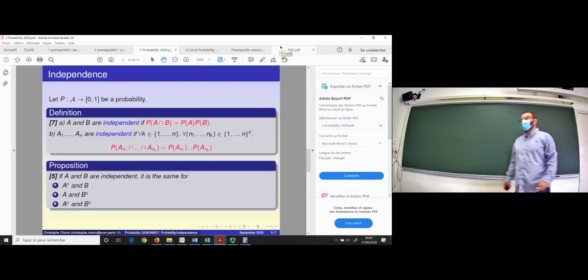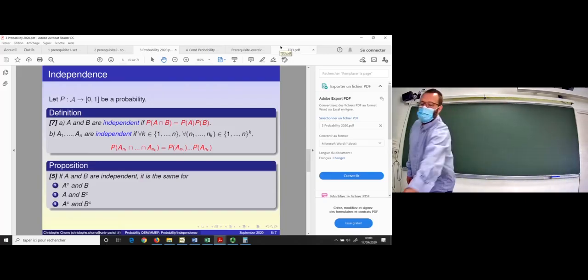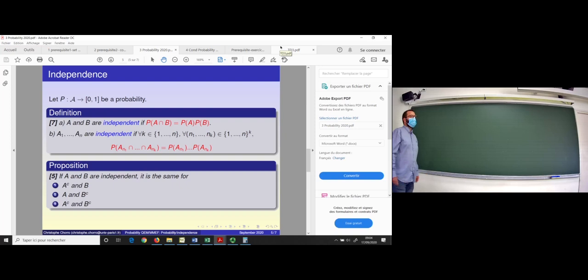Then we have seen the definition of independence. For the definition of independence, in the case of two sets, no problem. A set A is independent from another set B if the probability of the intersection is equal to the product of the probabilities.